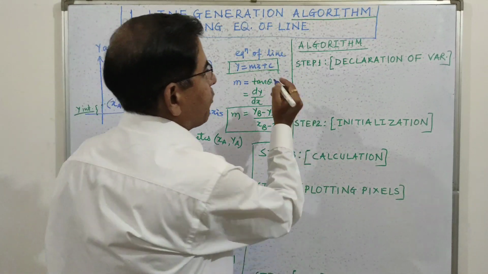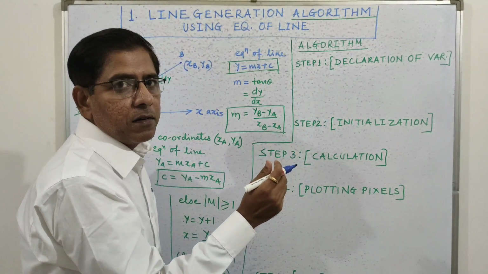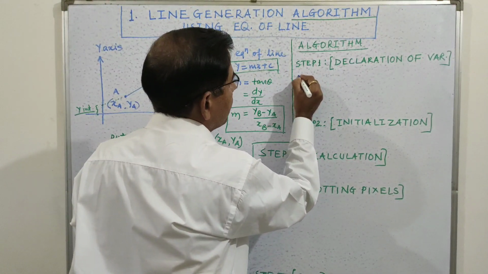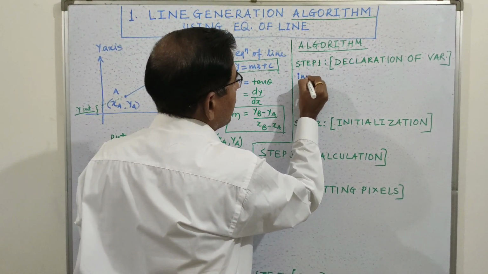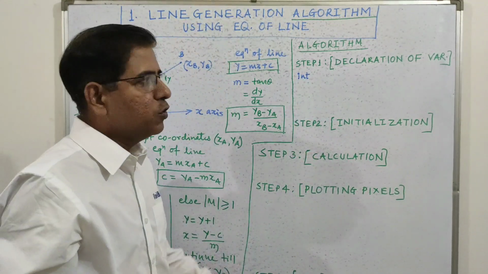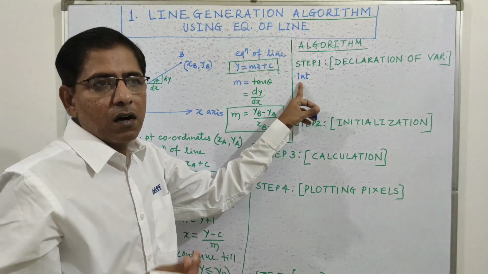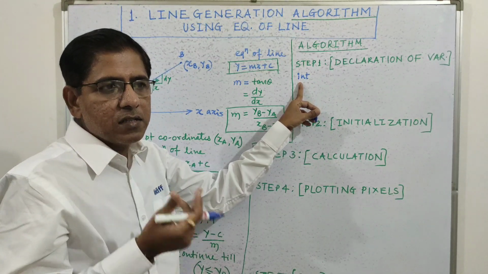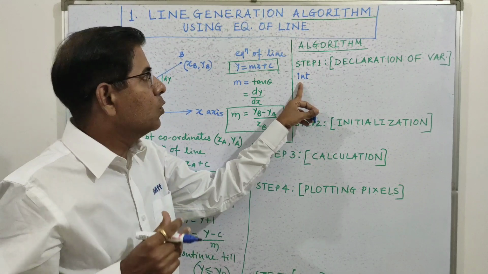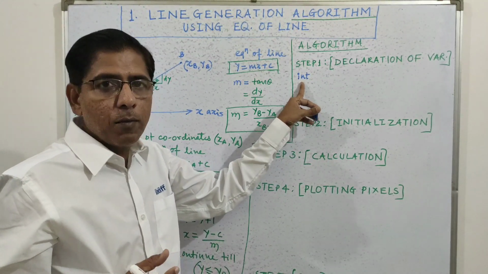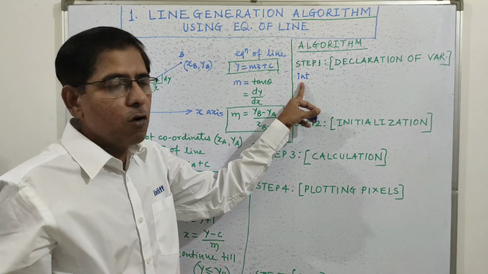So the format for declaration is first the integer type. Integer. So you know the C language, you have gone through C language in first year as well as in computer application. So integer is nothing but the whole numbers, no fractional values are allowed here.